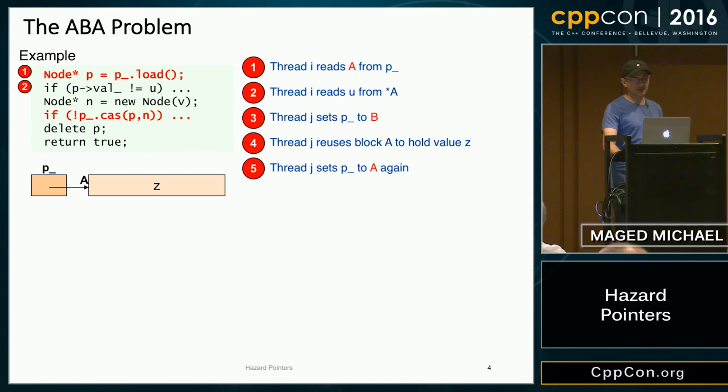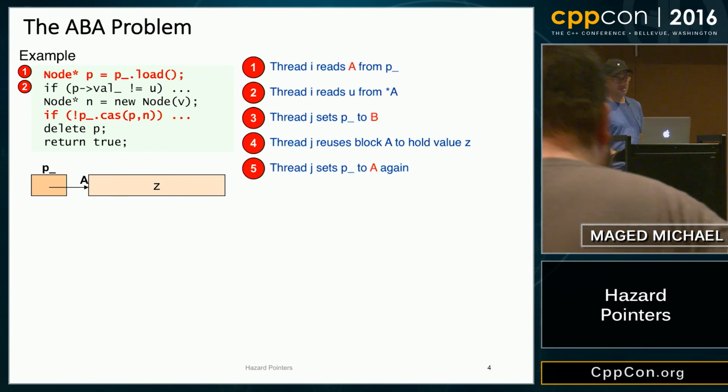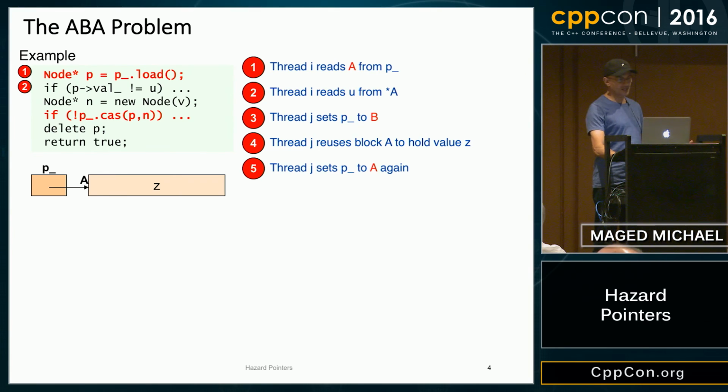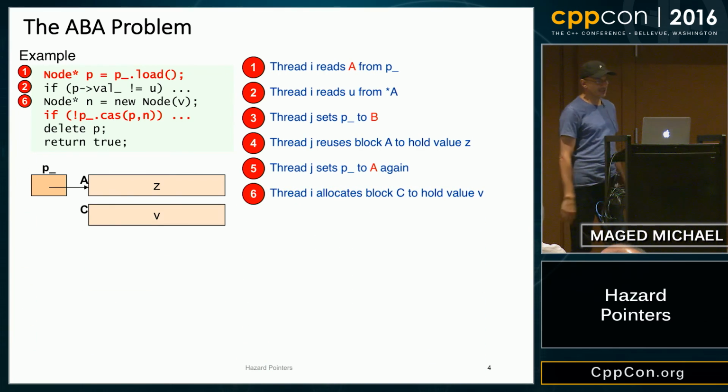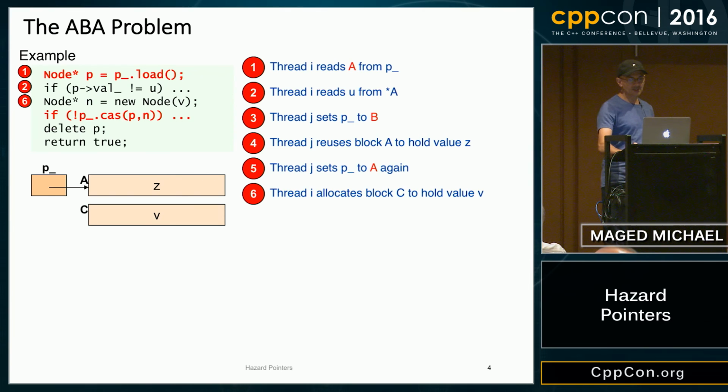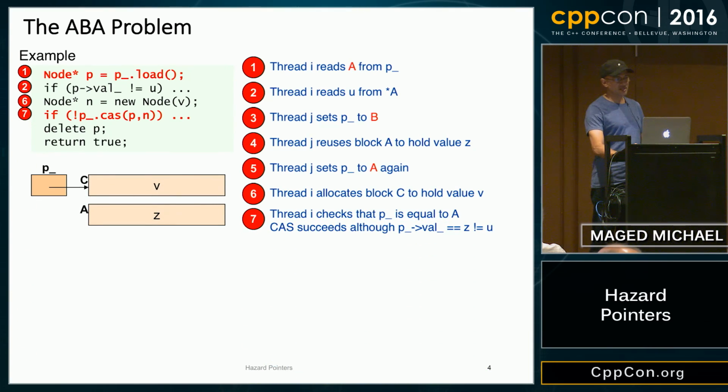Now thread J sets P to A again, so it succeeds in doing that. Now thread I comes back and allocates a new block C that holds the value V, because now we are going to try to do compare exchange on the pointer. So we're preparing the block that holds a new value, and we do the compare exchange.